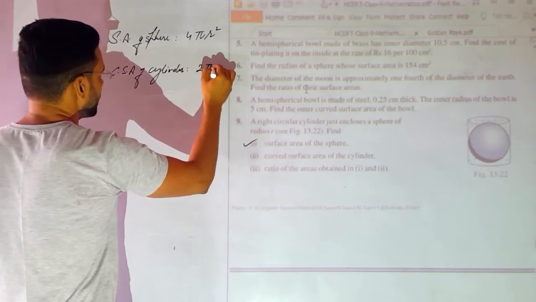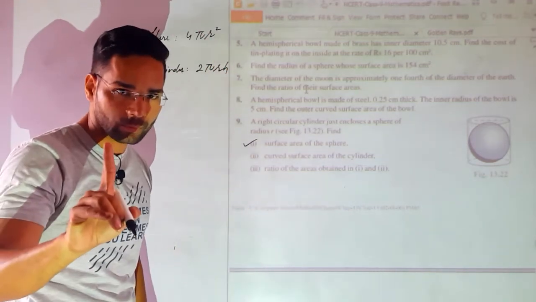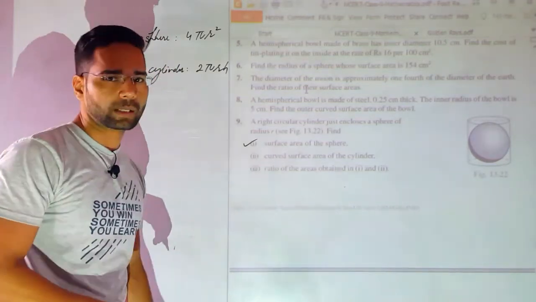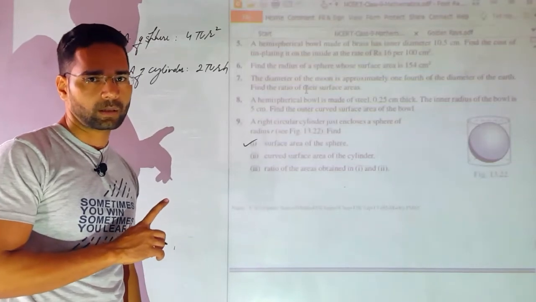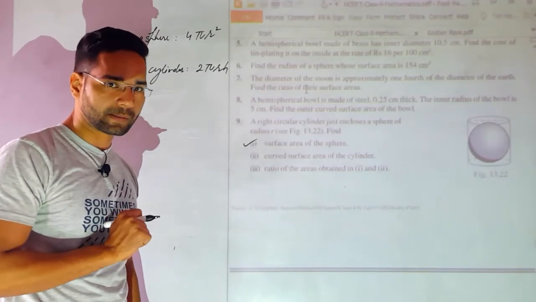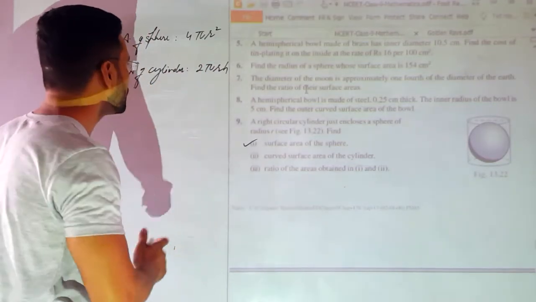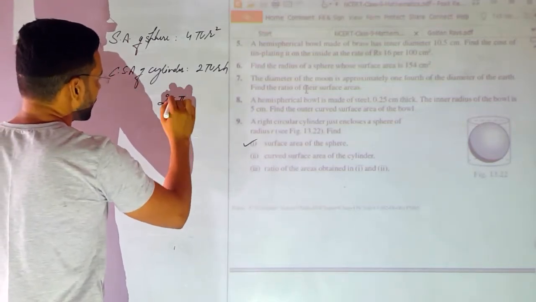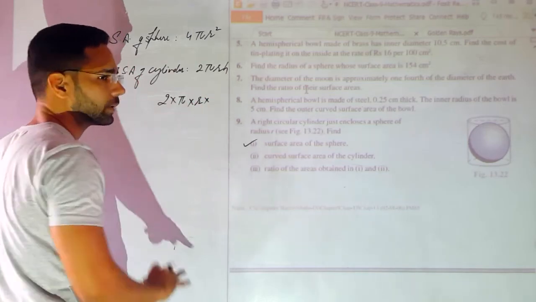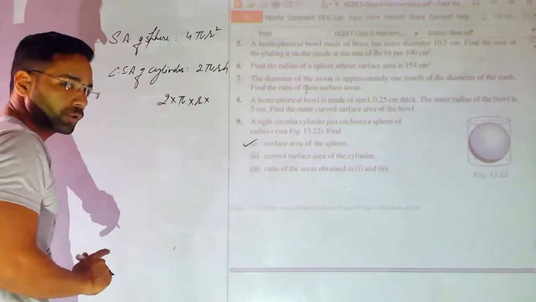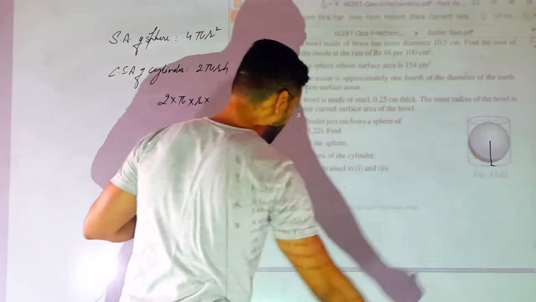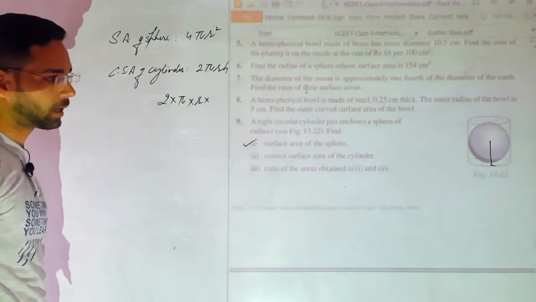The formula for a cylinder is 2 pi r h, yes, but we have to solve it according to this question. So we have to change h.